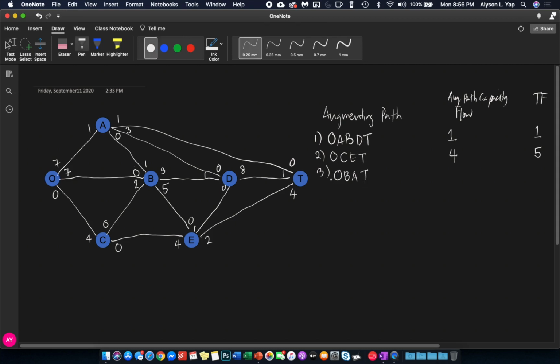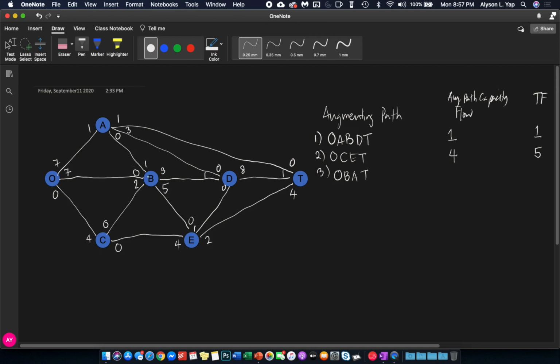First question, is this an augmenting path? Yes or no? Remember, there are two conditions for you to see if a path is an augmenting path. First, it has to be a path from O to T. So yes, it is a path from O to T. Second, you have to make sure that the capacities are positive. So what's the capacity of OB? The capacity of OB is 7.